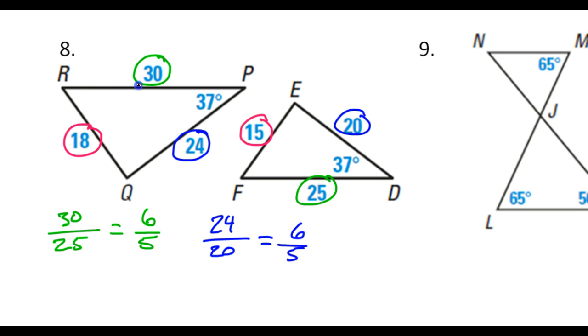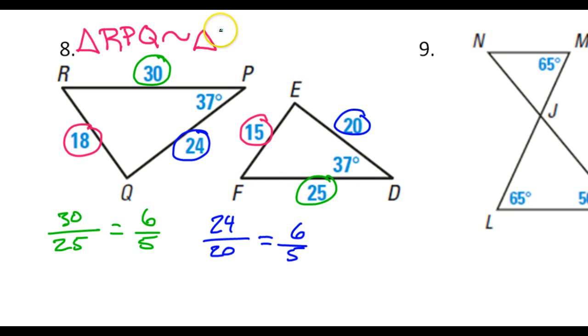So I'm going to go ahead and say triangle RPQ is similar to triangle... Now, notice how I went from green to the 37 to blue. So I went from green and then blue. So I'm going to do the same thing here. I'm going to go green, blue.